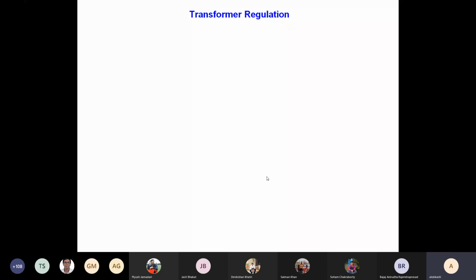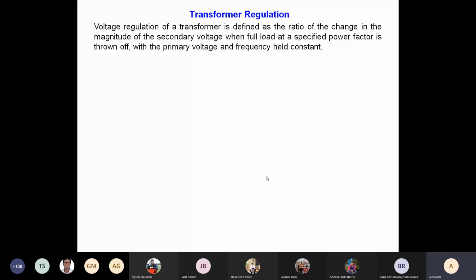So the voltage regulation of a transformer is basically defined as the ratio of the change in magnitude of the secondary voltage when full load at a specific power factor is thrown off, with the primary voltage and frequency held constant. So what is the meaning of thrown off? That means the transformer with a fixed primary voltage and frequency was supplying some load.